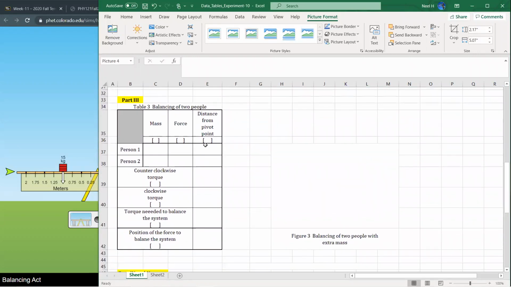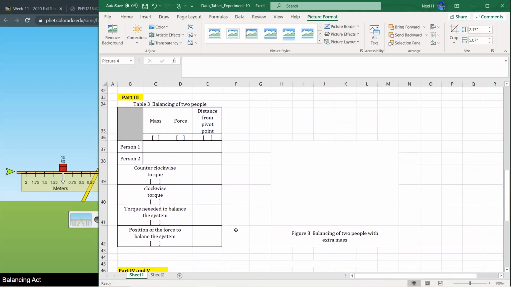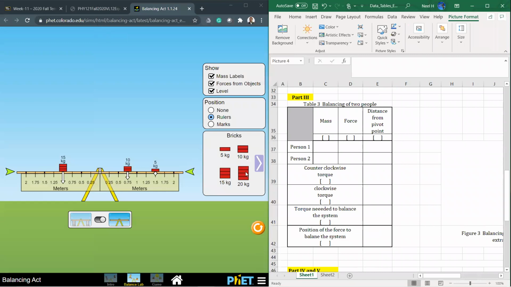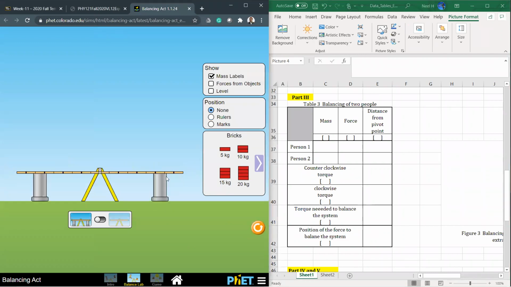All right, then let's take a look. Part 3. Let's balance two people. To do that, on this right-hand side, you can reset this if you click this yellow button, right-hand side very lower. Everything disappears, and then you can click again here to get rid of those cylinders.